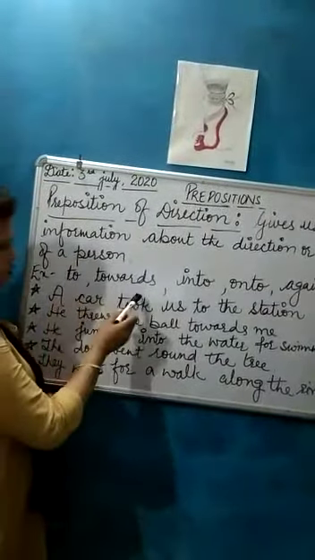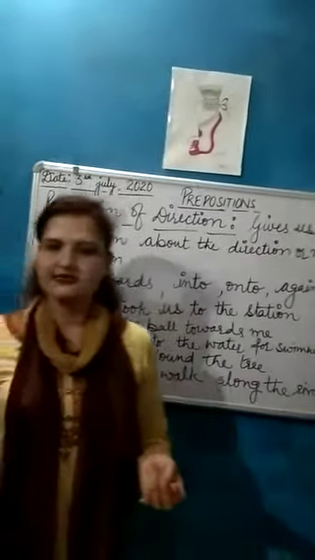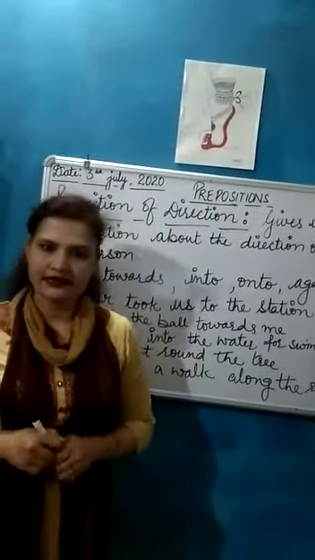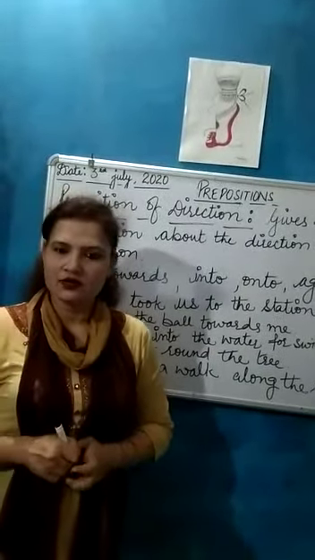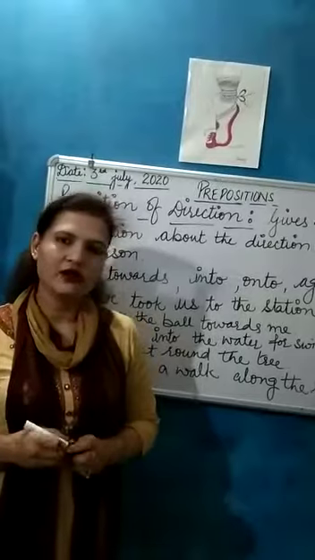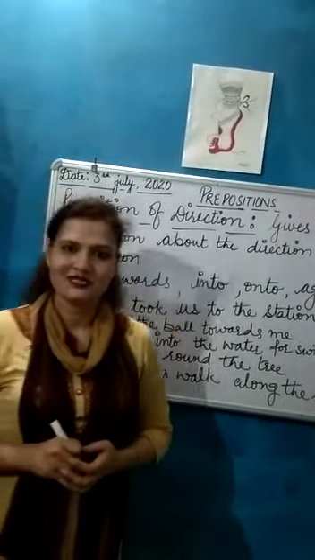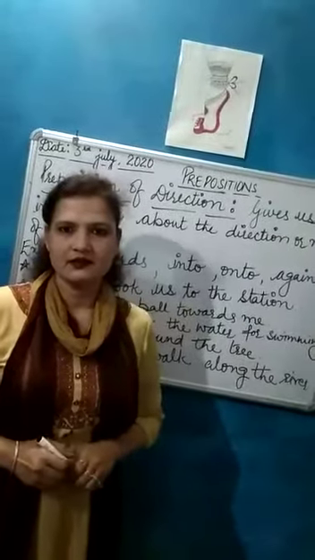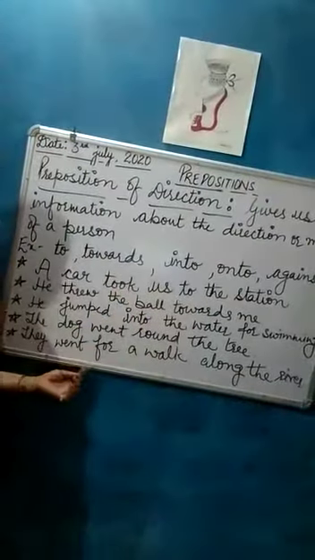To, towards, into, onto, against, for, through, up, down, out, across, past and round are some examples of prepositions of direction. Dear students, look at these examples.